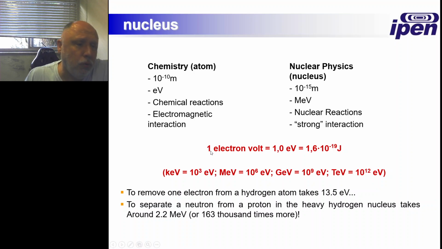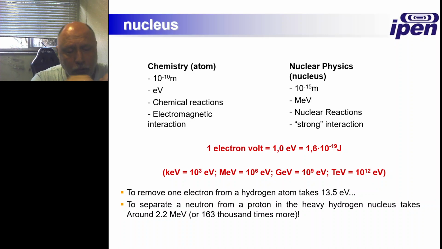So the unit we'll be using a lot here is the electron volt and its multiples, right? The kilo electron volt is 1000 electron volts, the mega electron volt is 1 million electron volts, and so on. Just to give you an idea, to remove 1 electron from a hydrogen atom, you need 13 electron volts. So you have one hydrogen atom, I want to remove the electron, I have to give it 13 electron volts.